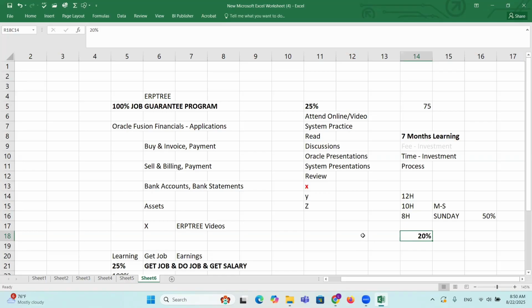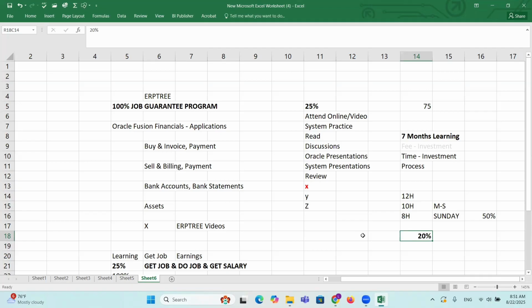If you follow this program as it is, you can get unlimited offers and you can survive very easily. Even the people who are doing 50% of this program are able to get jobs, but when they are working, they struggle.